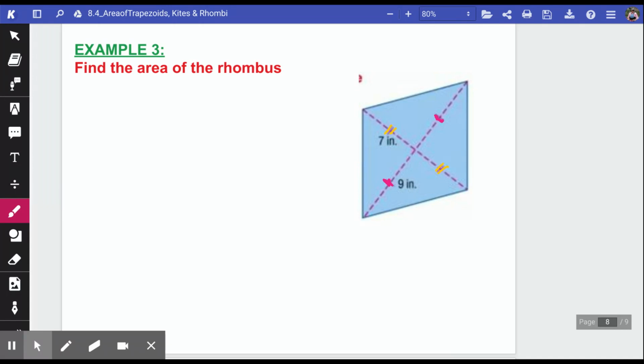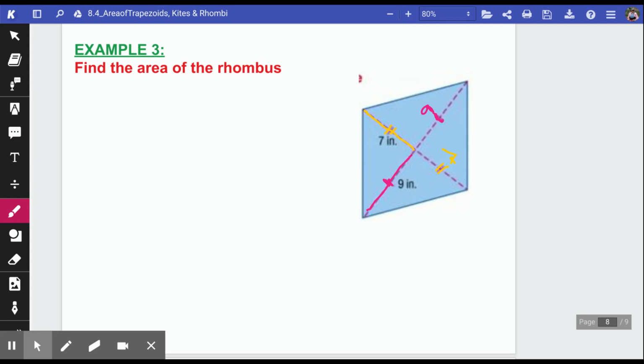Since I'm given this length right here is 7, I know the other side must also be 7. If this length right here is 9, then this length over here is also 9. We have to be careful when we're working with these problems, because we're given 7 and 9, but it's not the whole distance. So just be really careful about that.